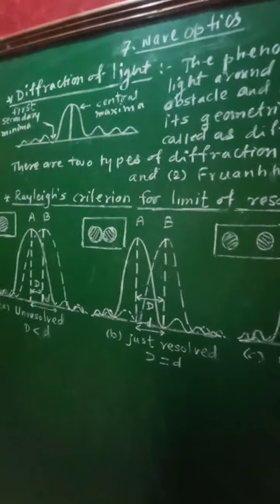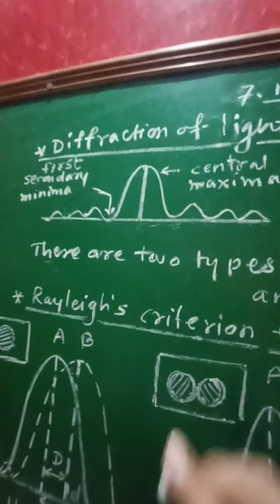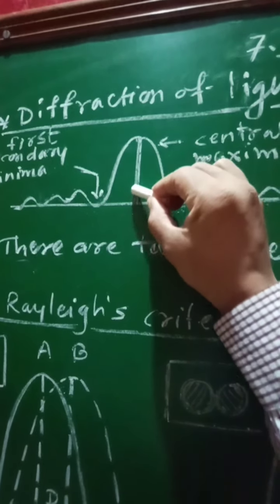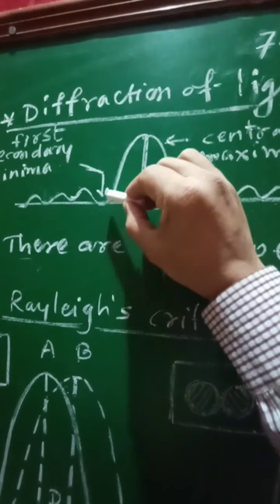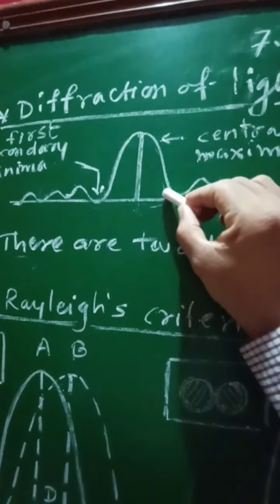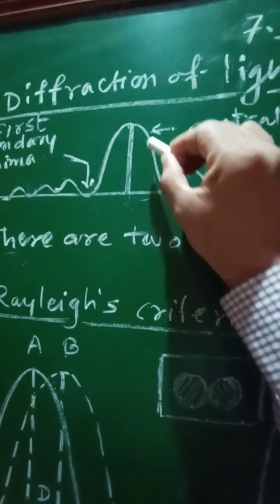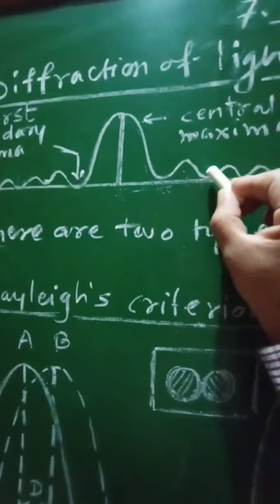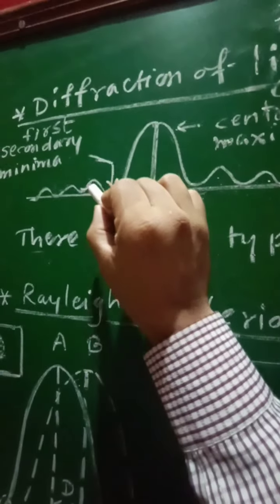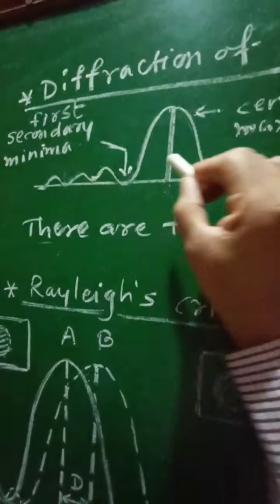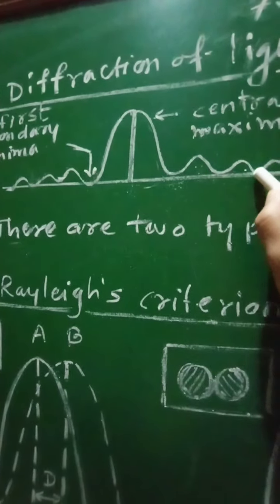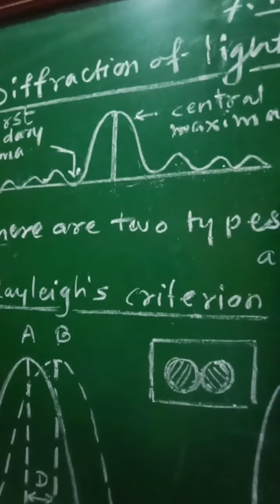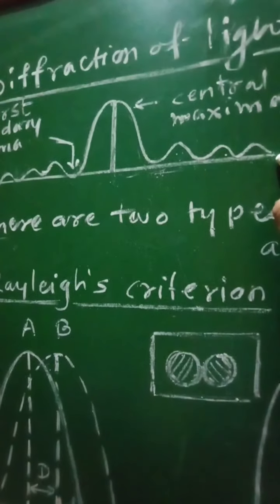If you consider the diffraction pattern, there will be a central maximum, which will have very high intensity. Again it will contain secondary maxima on either side, but the intensity of these maxima will go on decreasing as we go away from the central maximum.